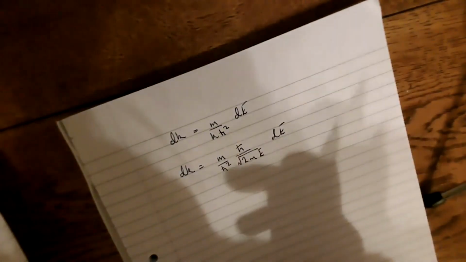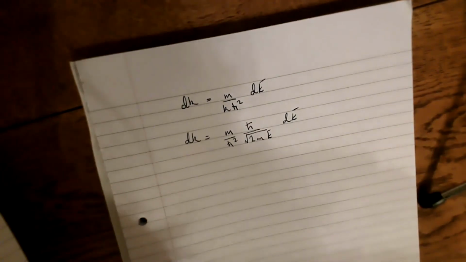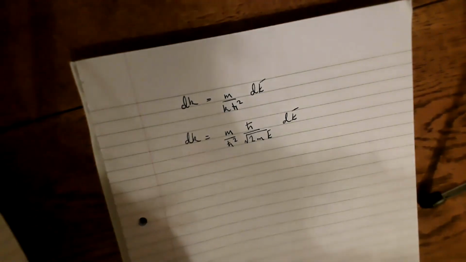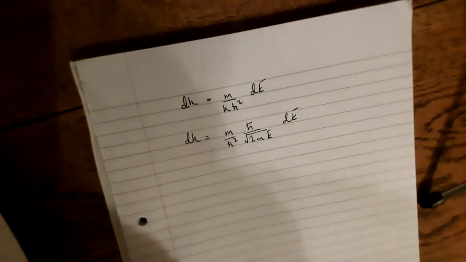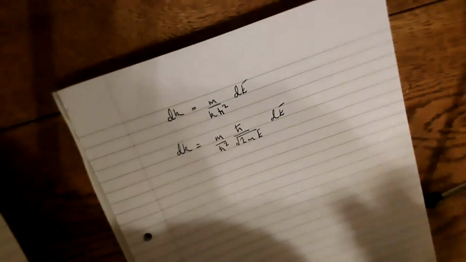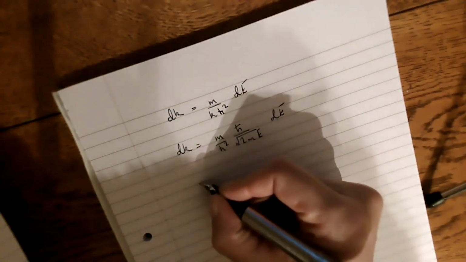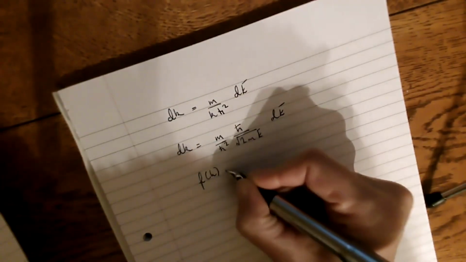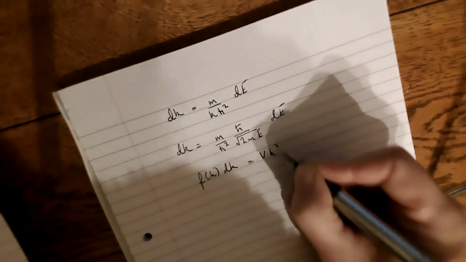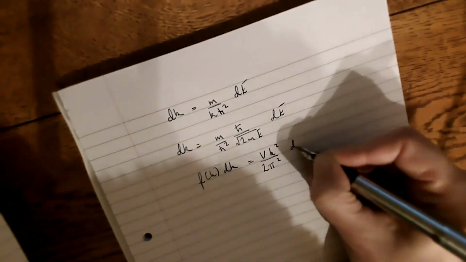So now we're ready to put everything into our expression for f of k dk, and thereby transform it into an f of E dE, a density of energy states. So we have f of k dk equals V k squared over 2 pi squared dk.